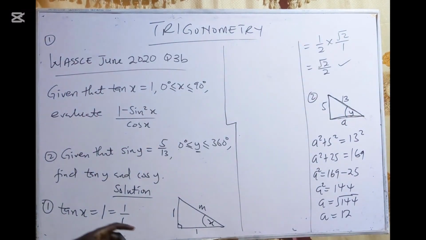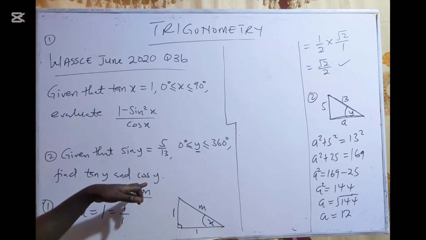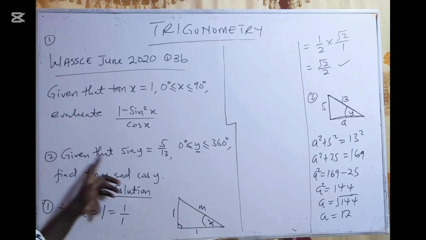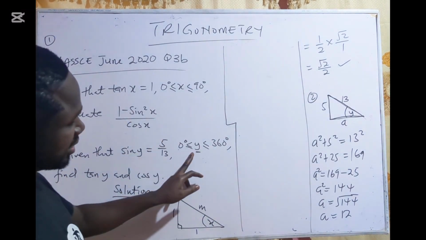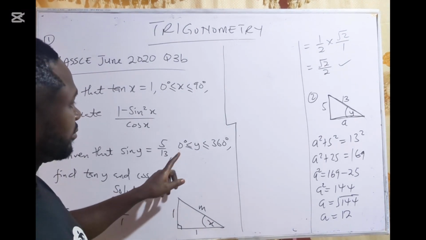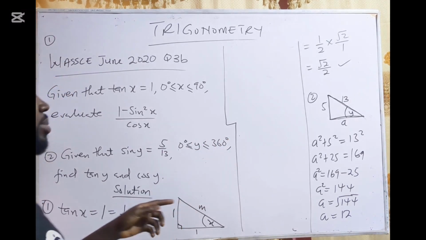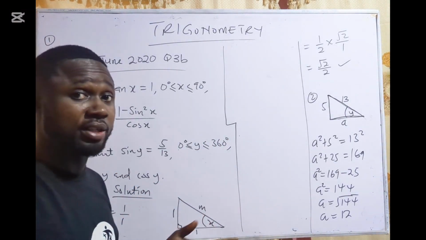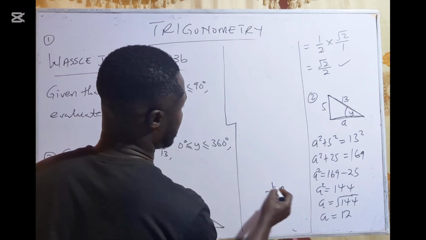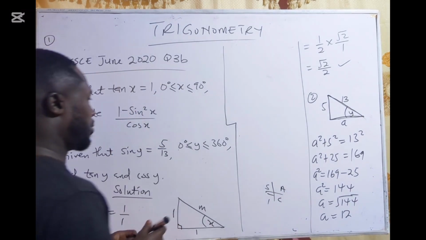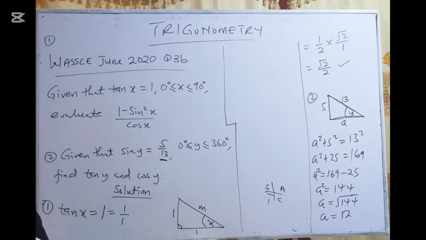Alright, so we said we should find tan y and then cos y. But let's look here. Sin y, which is 5 on 13, and the angle is from 0 to 360, which means the angle can be in the first, second, third, or fourth quadrant. We know this as our CAST. But let's look at the value of sin y. The sin y is positive.